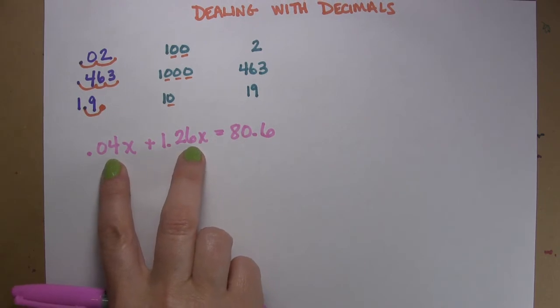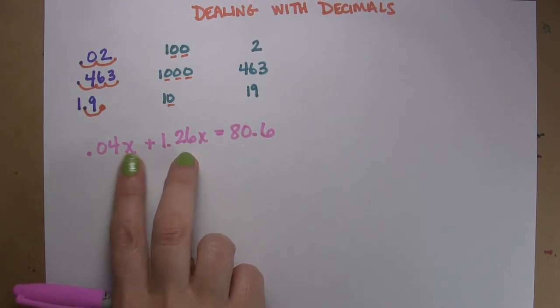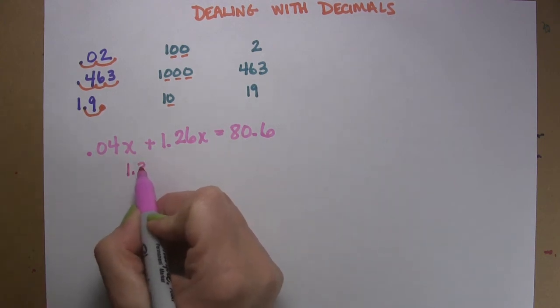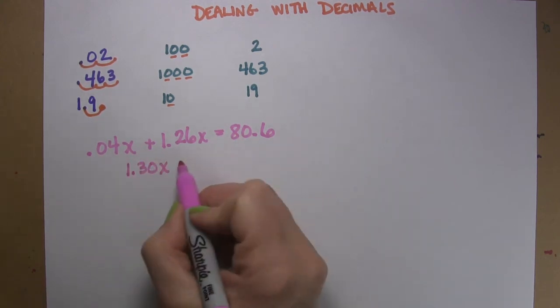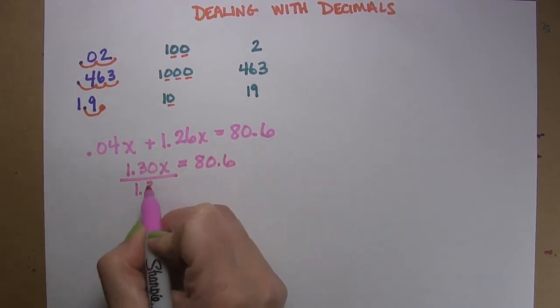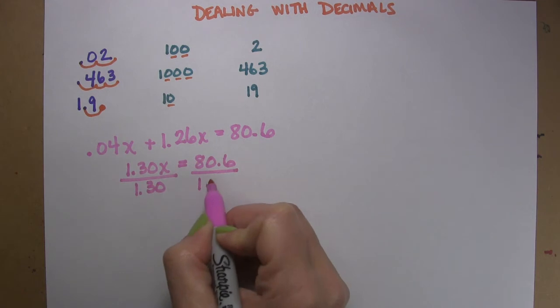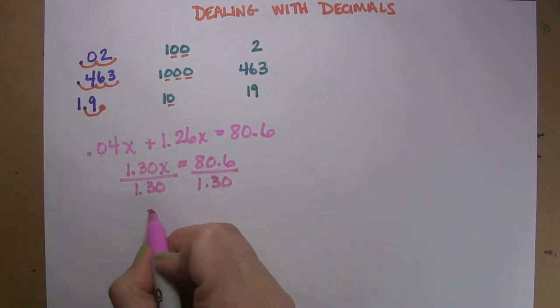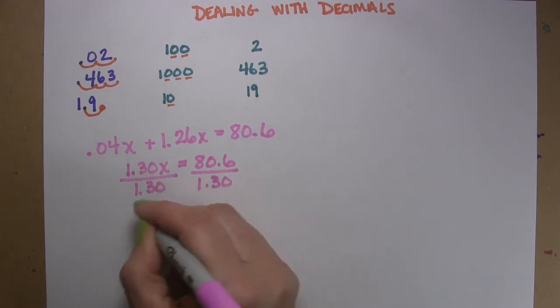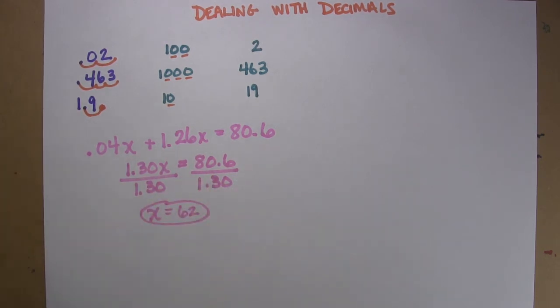We could add our 0.04x with our 1.26x to get 1.30x equals 80.6. We could then divide by 1.30 or 1.3 if you prefer, and you get x equals 62. So that is one totally legitimate way to do this problem.